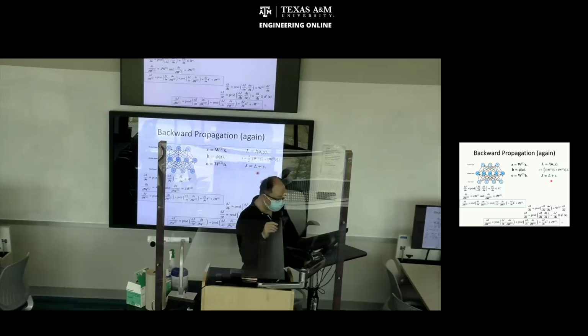The more difficult part is the L part, so that we need to pay attention to, right? So the L part is, again, J with regard to O and times O with regard to W2, right? And what is the derivative of O with regard to W2? Let's look at this one, right?